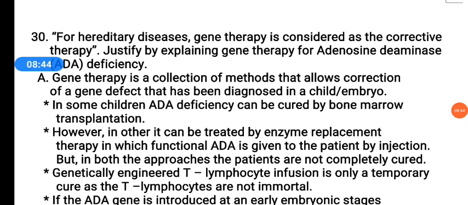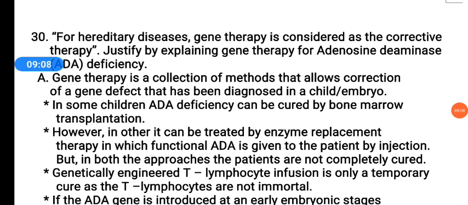So in children, by bone marrow transplantation and also enzyme replacement, in both these two methods we are going to try to cure, but we will not be able to cure completely.